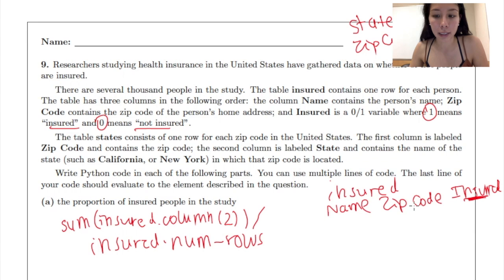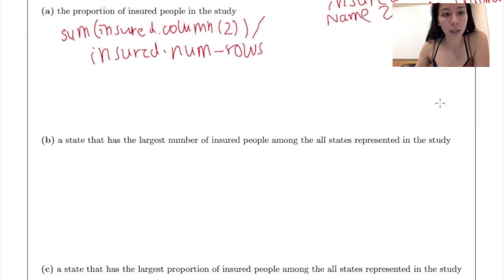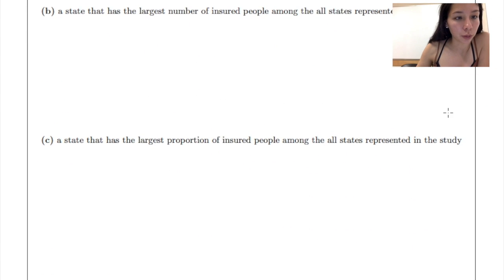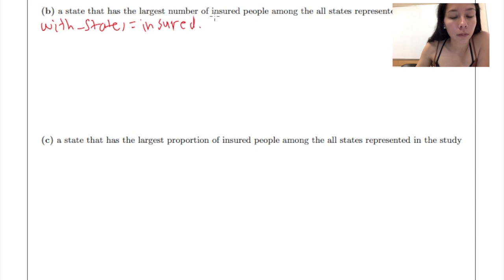So the first thing that I did when I was doing this problem is I made a table with these 2 tables joined, and I called it with states. So we want to do insured dot join zip code, which is the name of the column that we want to join for the 2, and we want to be joining that with states.